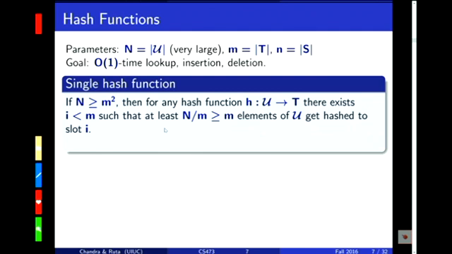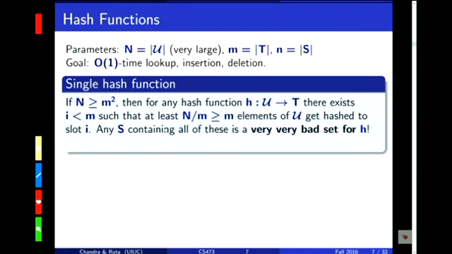Because there are m positions and m square keys. If you are giving m different numbers to all of these m square keys, there will be at least m keys that get the same number. If my set contains all of these m keys which map to the same position, then this hash function is really, really bad, right? Because to search any key, I'll take order m time.